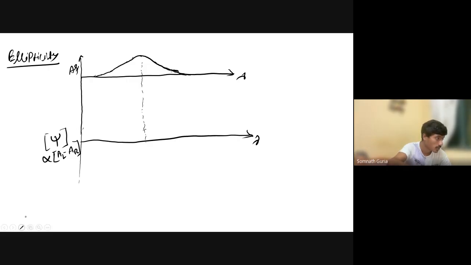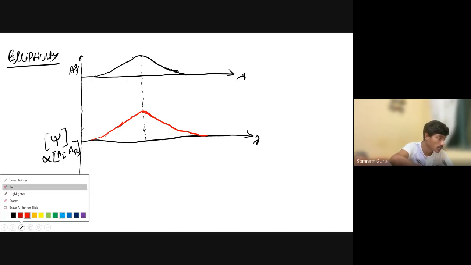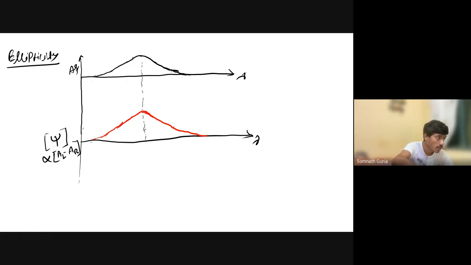In the ellipticity spectra, how does it look? One isomer actually gives you this kind of similar data. Okay, and another isomer gives exactly the opposite, the mirror image of this spectrum.